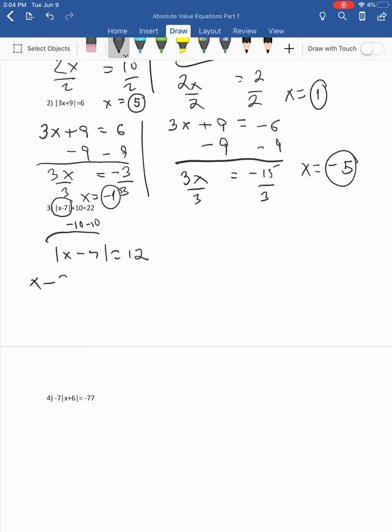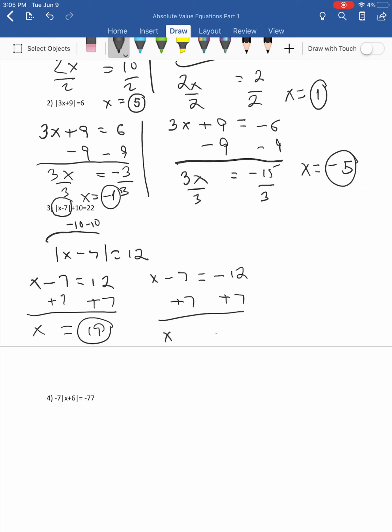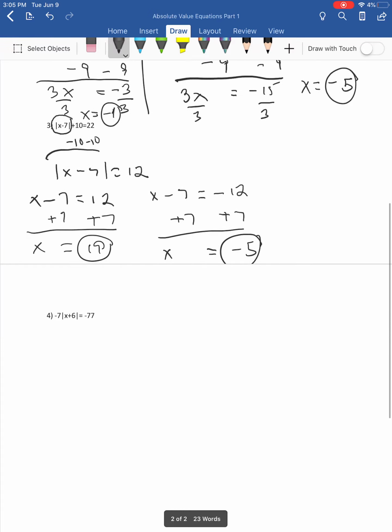My positive equation is x minus 7 equals 12. Negative equation, x minus 7 equals negative 12. Now it's easy from here. x is 19 and x is negative 5.